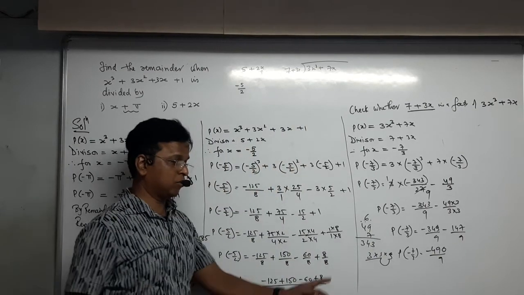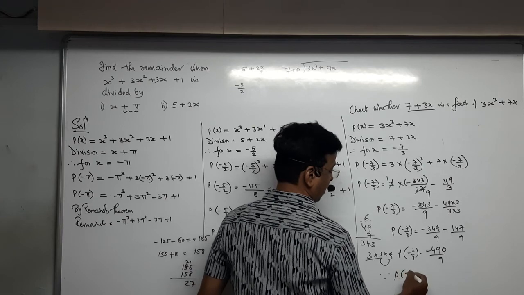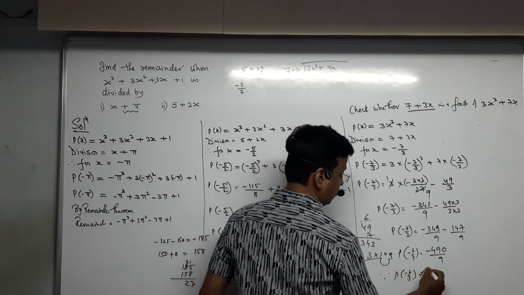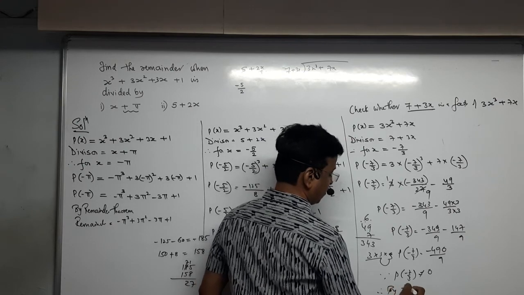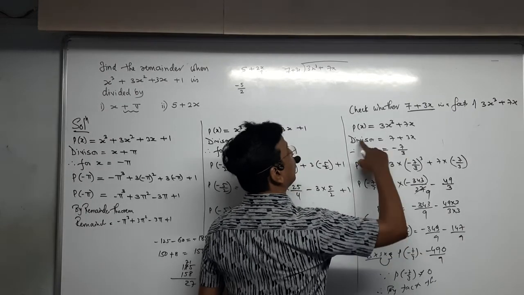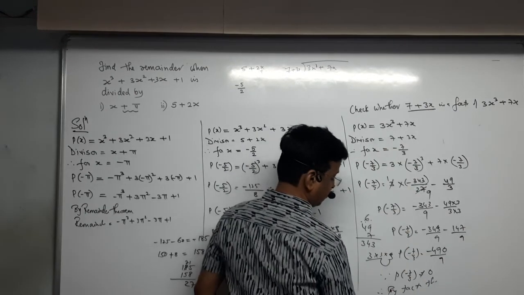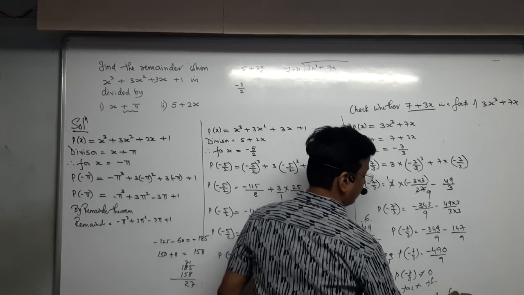Since P of minus 7 upon 3 is not equal to 0, therefore, by factor theorem, divisor 7 plus 3x is not a factor.